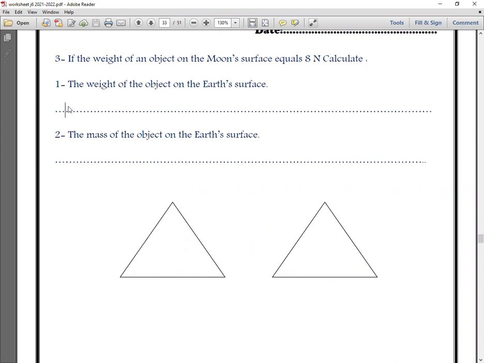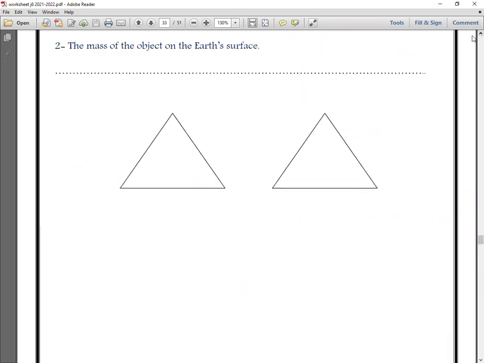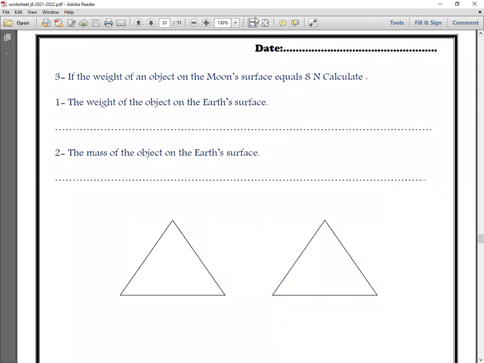So weight on Earth equals weight on moon times 6, so equals 8 times 6, so equals 48 Newton.